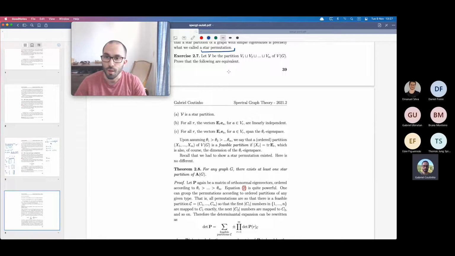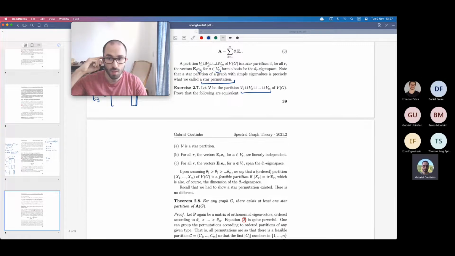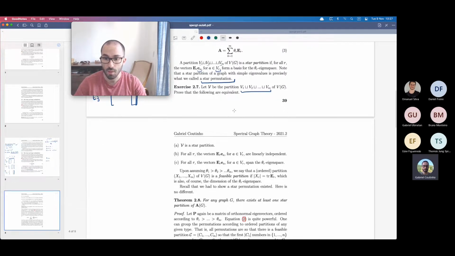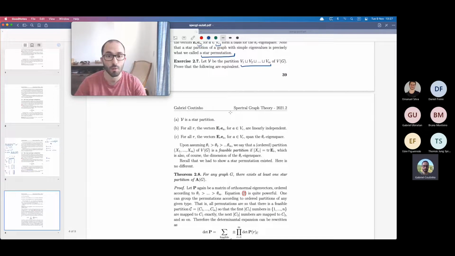So prove that the following things are equivalent. Well, this being a star partition means that, again, each one of these things will form a basis. Now, I want you to prove that you do not need to require basis in your statement.